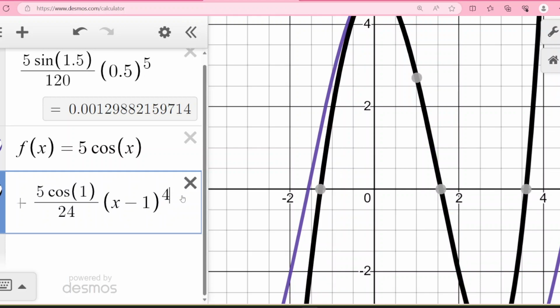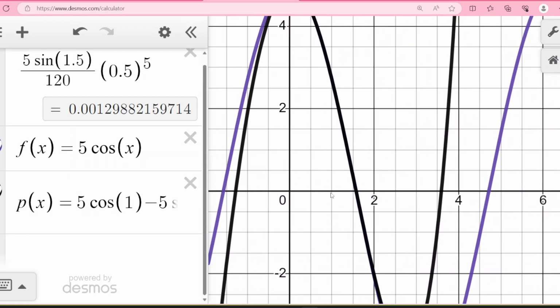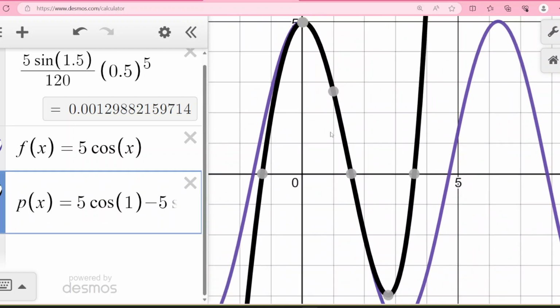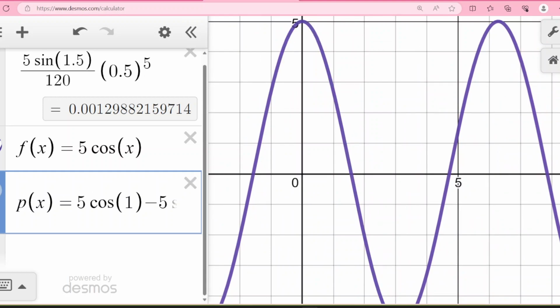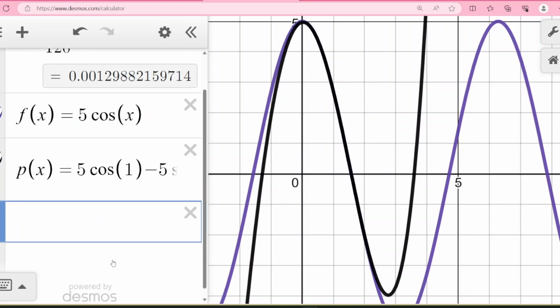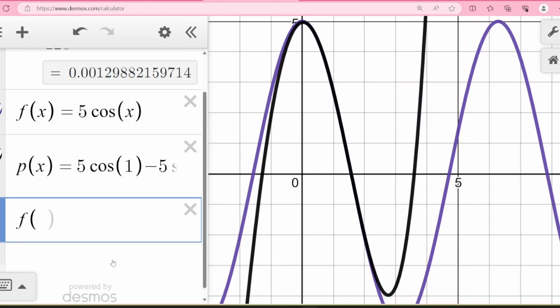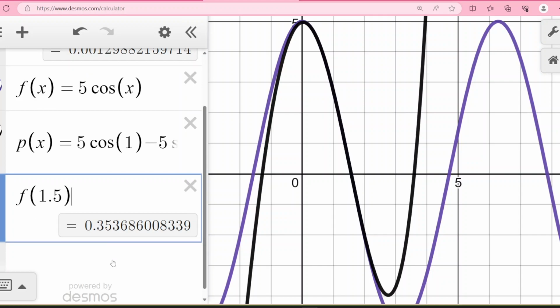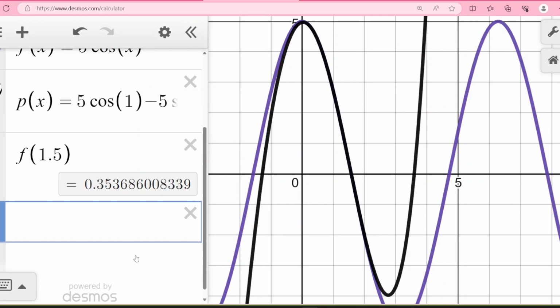Now you can see when I'm centered at 1 here, the graph of this black curve, the polynomial, is very close to the purple curve, our original function. We're trying to see how far off that is. The value of f at 1.5, 5 times the cosine of 1.5, is 0.3536 something.